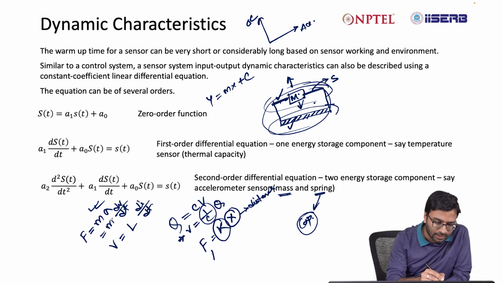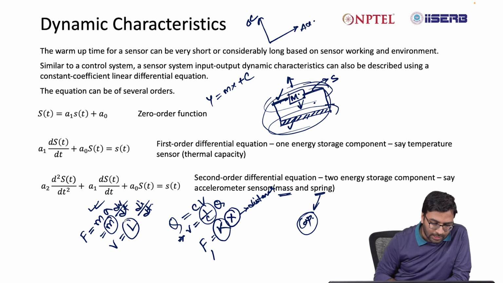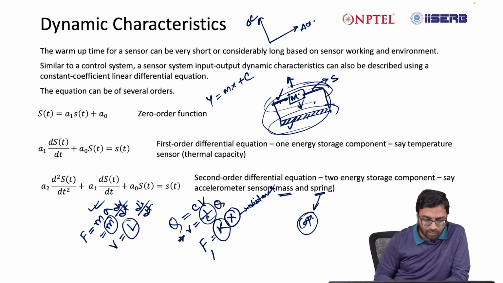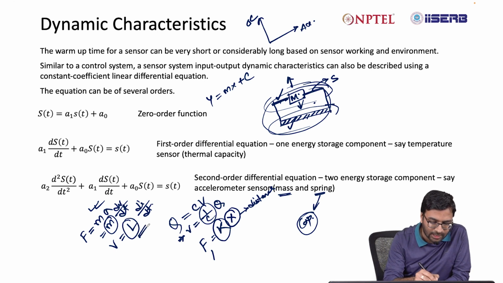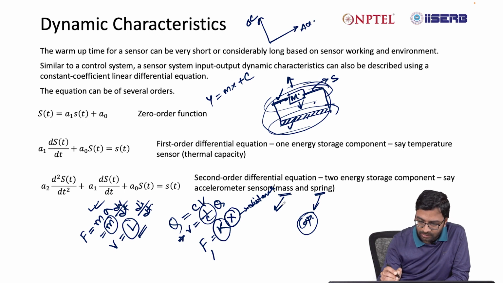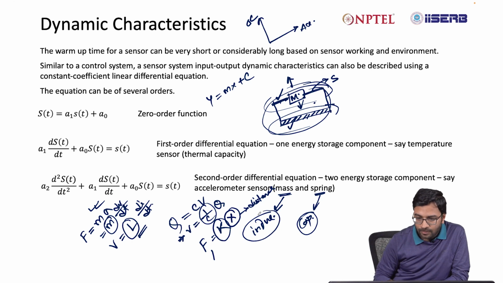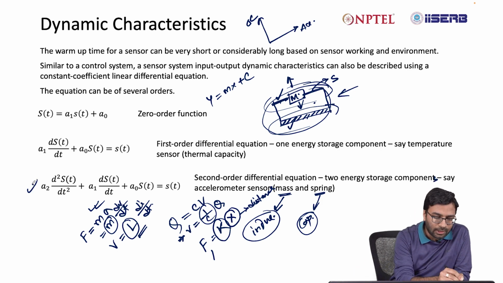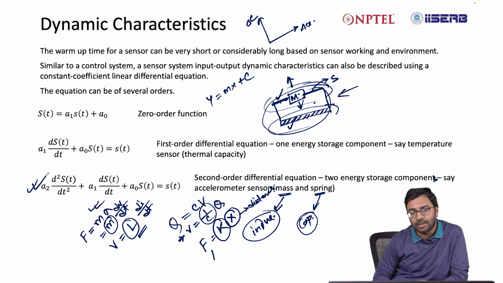So in this case, you can see that the electrical component which is equivalent to mass is an inductor. So mass can be compared with an inductor. So that is also again a storage device. So in case of a MEMS system, you have two energy storage components. Okay, so you have a second order dynamic characteristics.